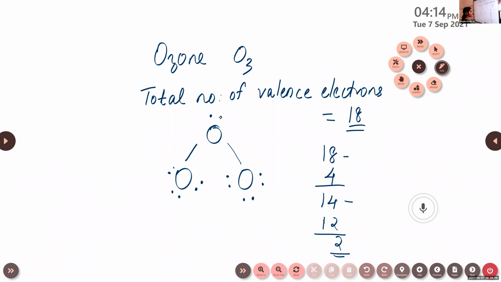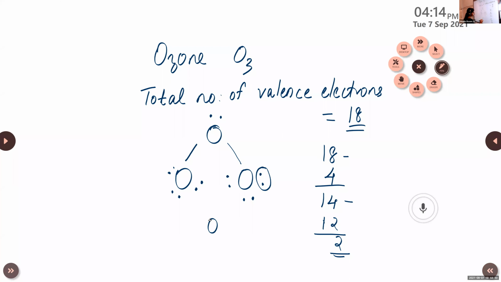Then we are counting the total number of valence electrons present on each oxygen atom. In the case of the terminal oxygen atoms, it is 8. But in the case of the oxygen atom at the center, 1, 2, 3, 4, 5, 6, only 6 electrons. So we will share 1 pair of electrons with the oxygen atom in the center.